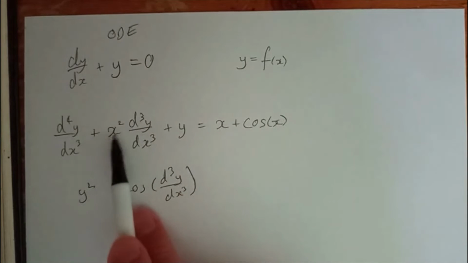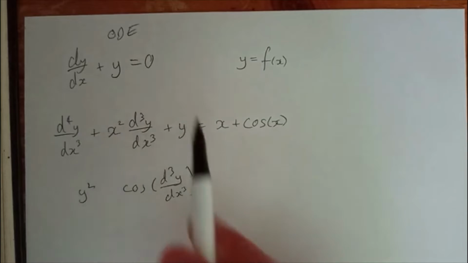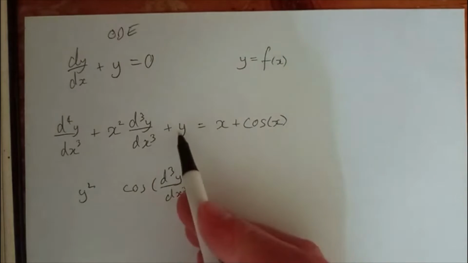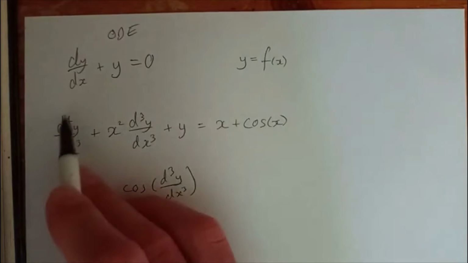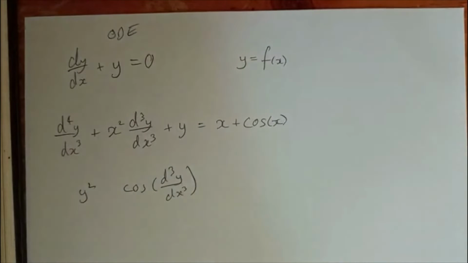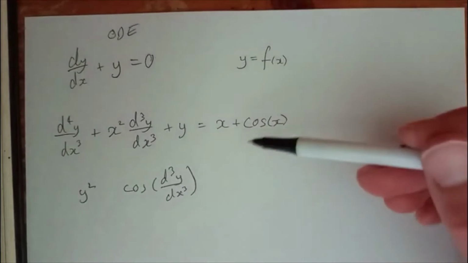It's a linear differential equation, which means it's linear in the dependent variable, which in this case is y. It's linear in y and its derivatives. That means it's a linear differential equation. Okay, so both these equations are linear, and this one here is first order, and this one here is fourth order.